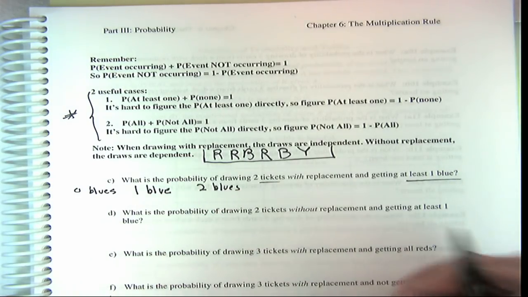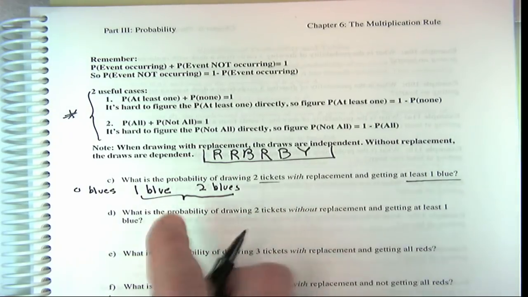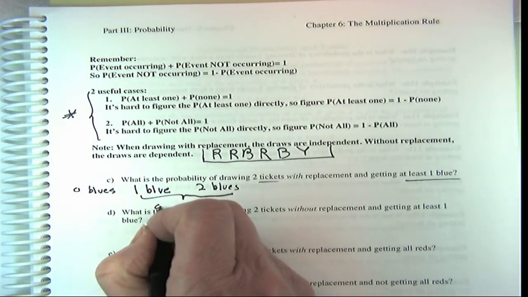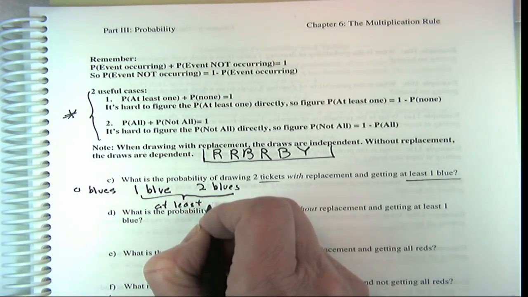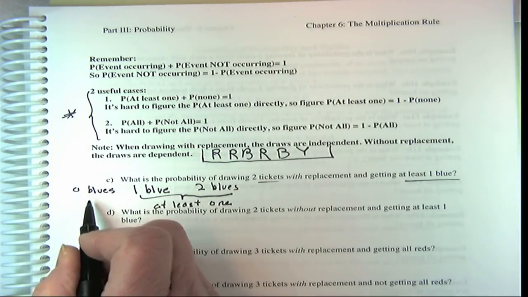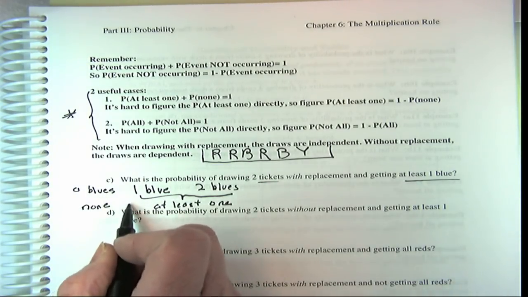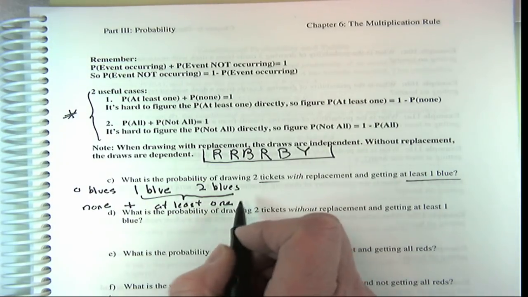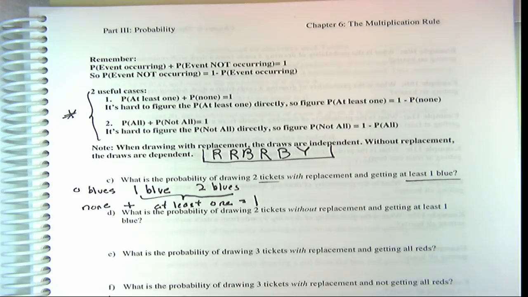Now, at least one is these 2 possibilities. You can figure it out directly, but it's harder. Whereas this right here is none, just one way. And none plus at least one is going to equal 1, or 100%.